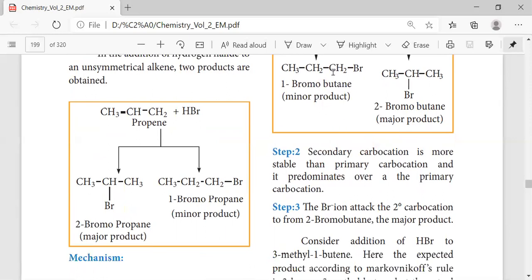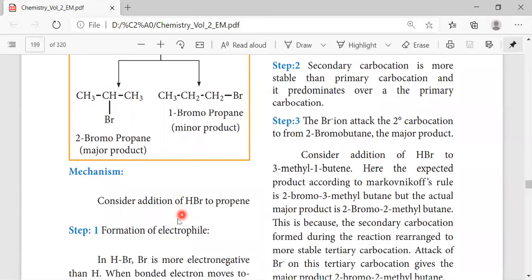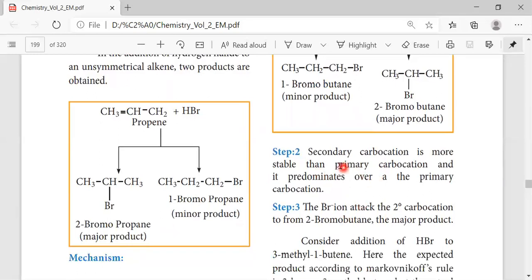Second step, then the third step. Next step, electrophile formation. The second step, we have to consider whether the secondary and then primary, their stability.